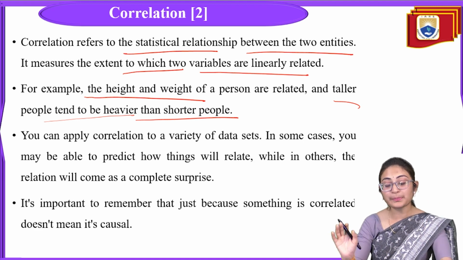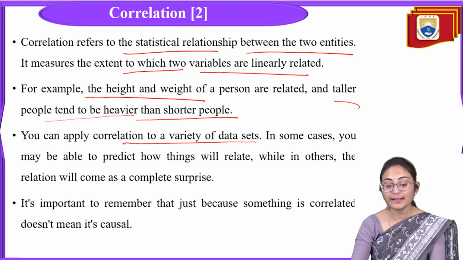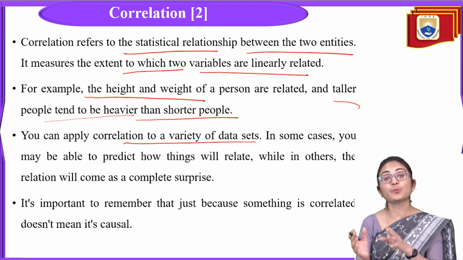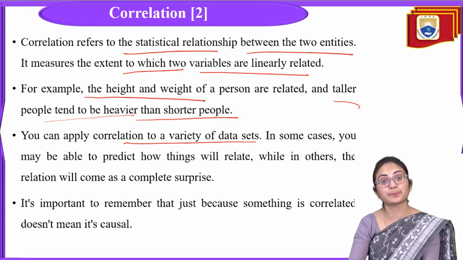So you can apply the correlation to a variety of data sets, and in some cases you may be able to predict how things will relate, while in others the relation will come as a complete surprise.